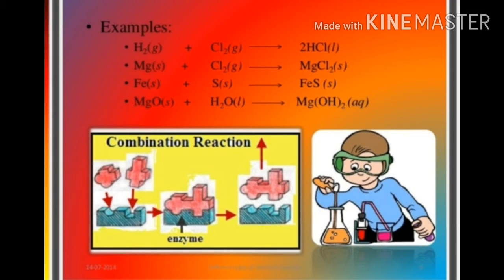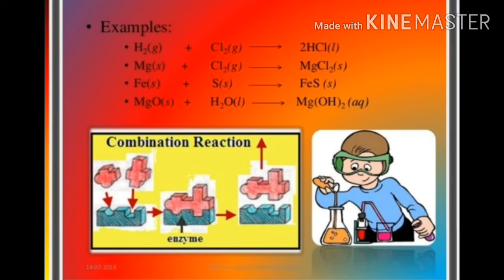Examples of combination reaction: hydrogen gas combines with chlorine gas Cl2 and produces HCl, hydrochloric acid. Similarly, magnesium solid reacts with chlorine gas to produce magnesium chloride solid.